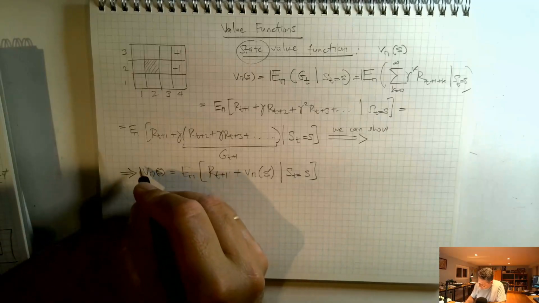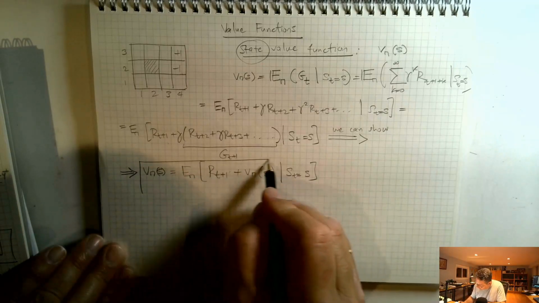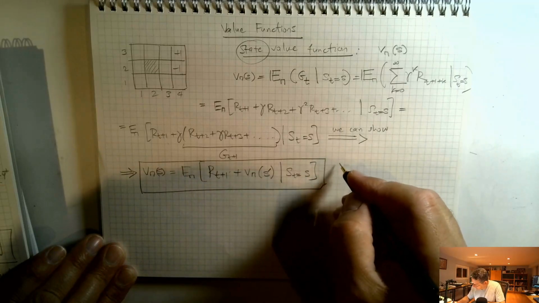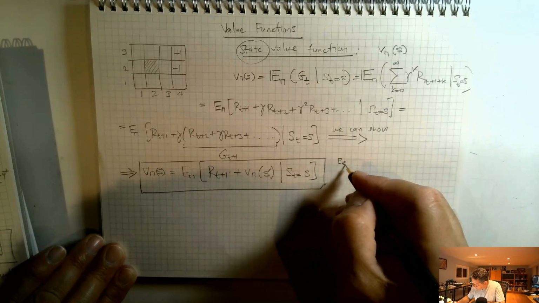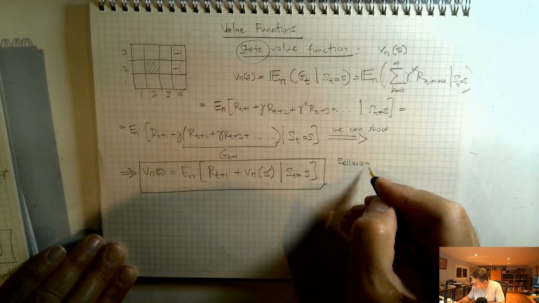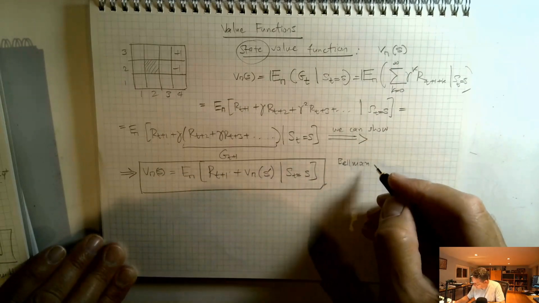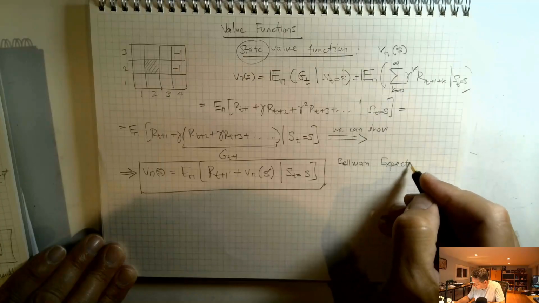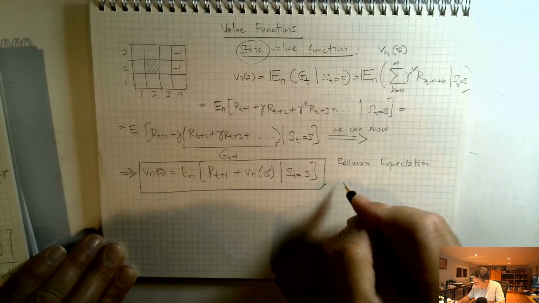This is a very, very important equation that was derived by Bellman, and because it is an expectation, it is called the Bellman expectation equation.